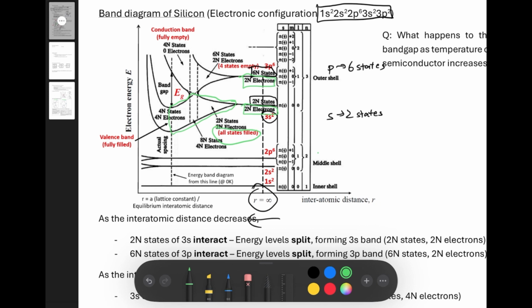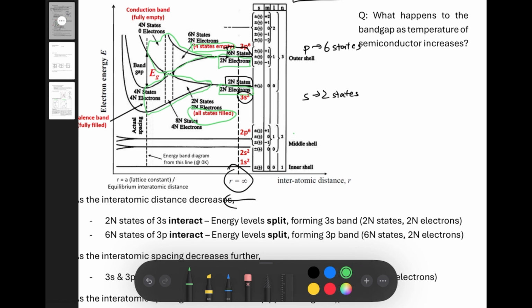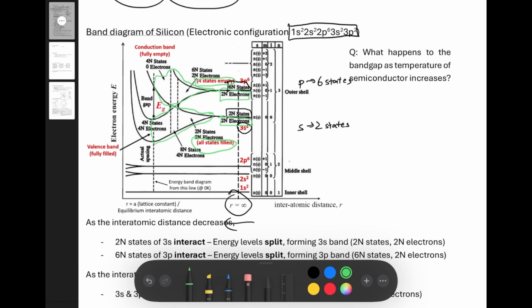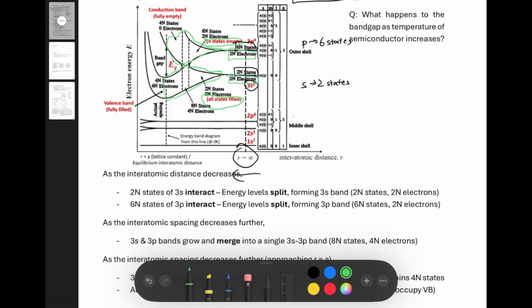It's a similar case for the 3p band: there are 6N states and 2N electrons, so 4N states are empty. The energy levels also split and cause this 3p band. So all the states in 3s are filled, but only 2N states in the 3p band are filled. So now we are actually here.